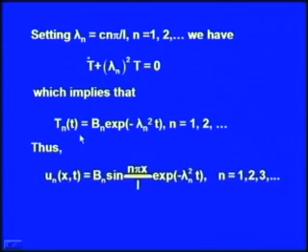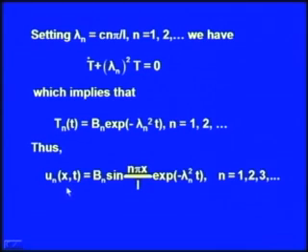Now, let us substitute the values of f(x) and T(t) in u(x, t). So, each value of n gives us one set of solutions for the two differential equations, and therefore, it gives us a sequence of solutions u_n(x, t) of the heat equation.